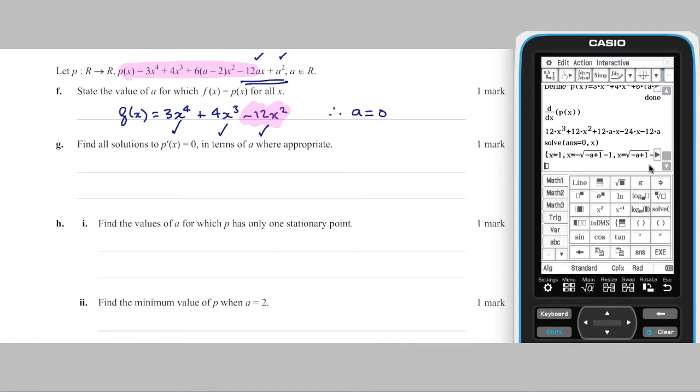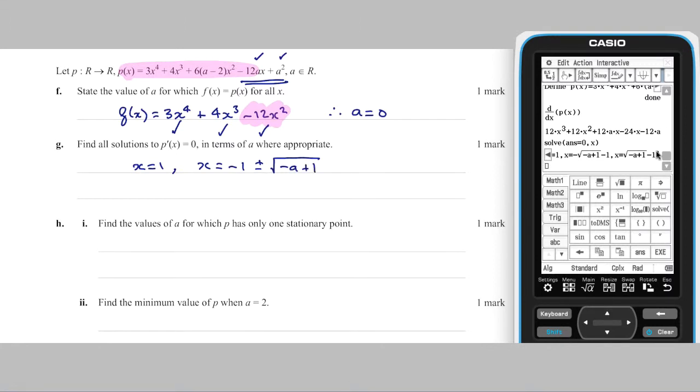This computation gives three solutions for x. x equals 1, and looking across a little, x equals minus 1 plus or minus the square root of minus a plus 1.